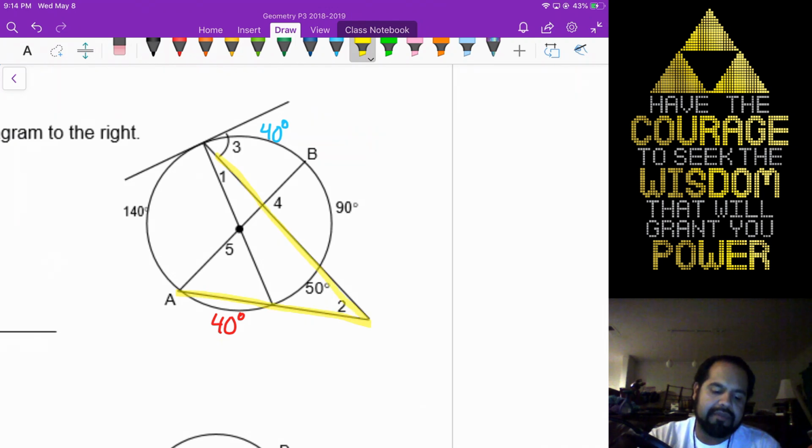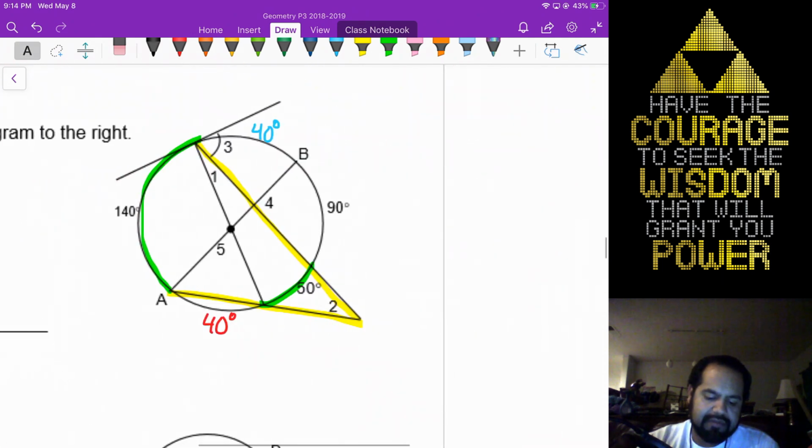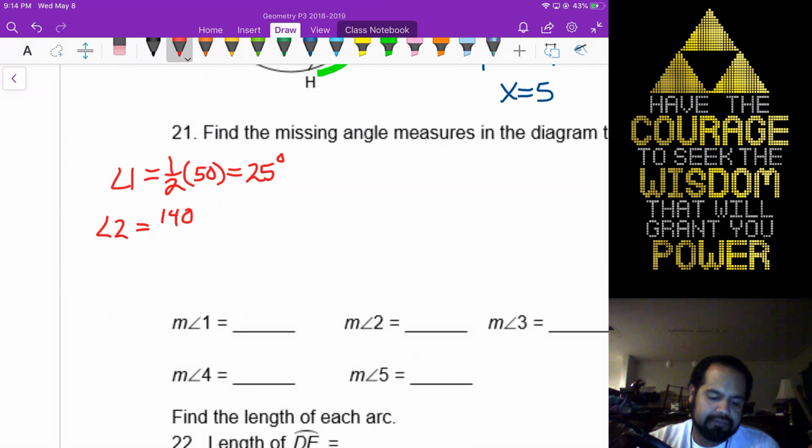Since it's outside of the circle, we're going to do the outside minus the inside divided by 2. Let me make sure I did that right. 140 minus 50. Yep. Boom.